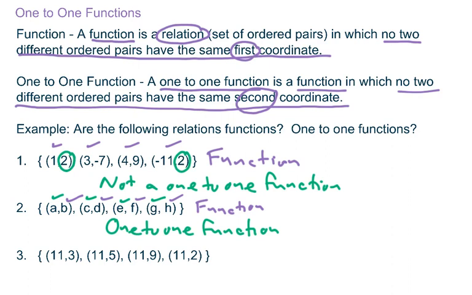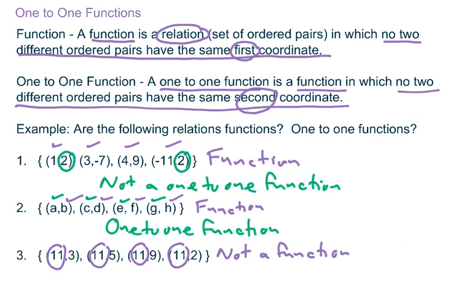All right, let's look at number three. So in number three, we ask ourselves, first of all, is this a function? No two different ordered pairs can have the same first coordinate, but if you look at this, you will notice that all the first coordinates are, in fact, the same. So this, in fact, is not a function. And then there's a slight trick on the second one, just trying to trip you up a little bit.